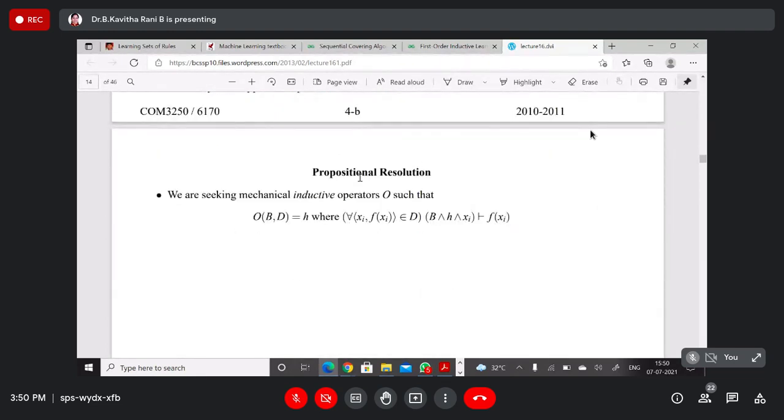And there is propositional resolution. So what is propositional resolution?